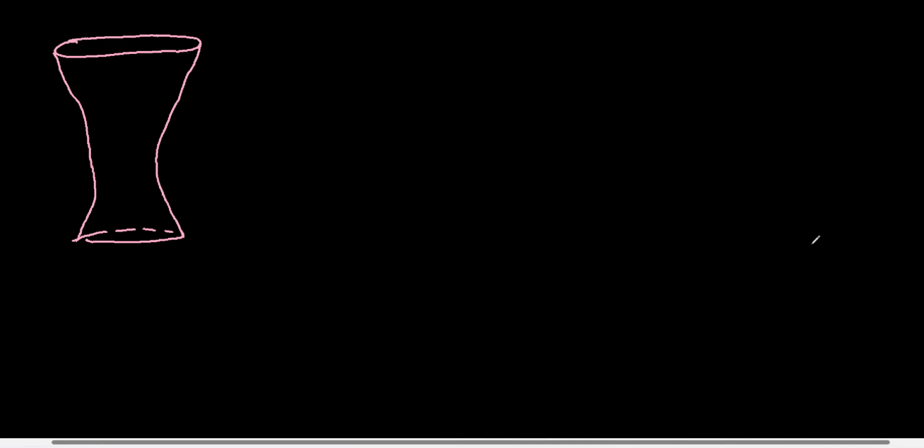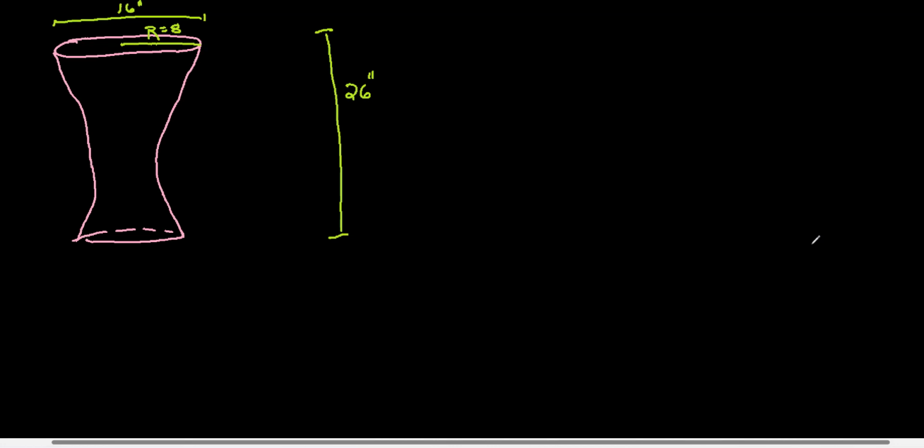And the information that we're given is that the total height of the drum is 26 inches. So I'll just put that measurement right there. They tell us that the diameter around the top of the drum, this is 16 inches. So that means that the radius would be 8.